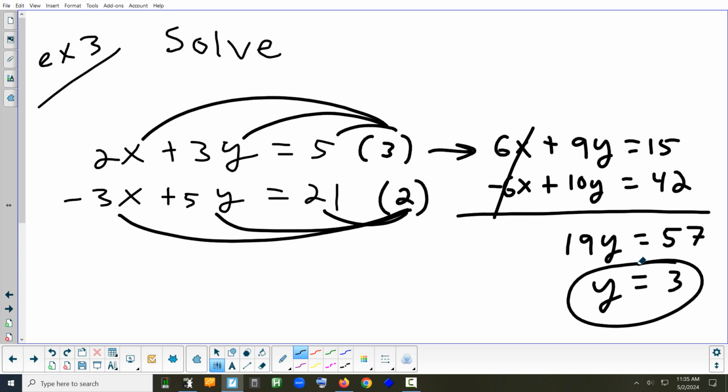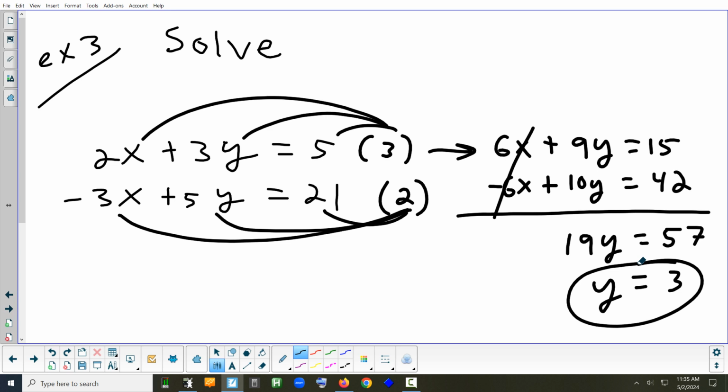Is there a certain equation that we need to plug the y back into? I think the top one doesn't have the negative. So it doesn't directly answer my question.